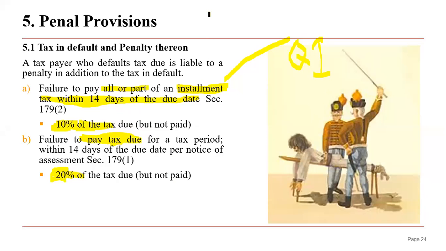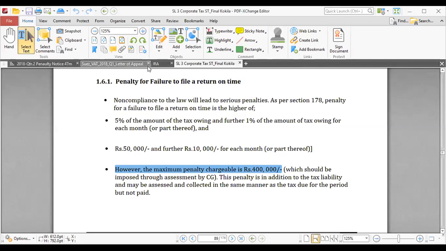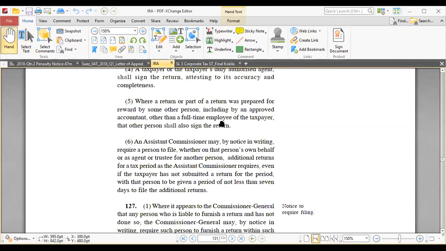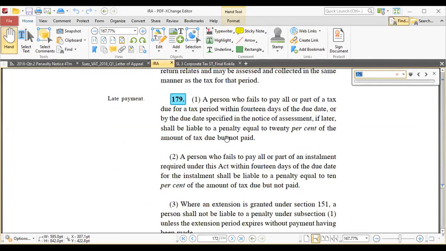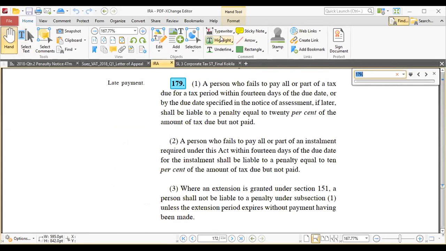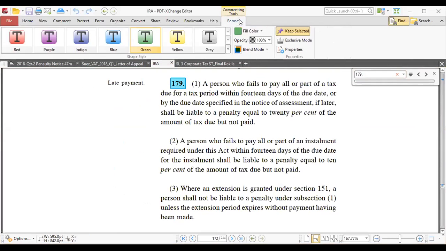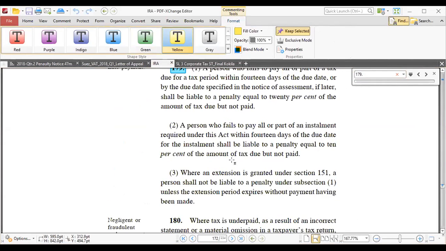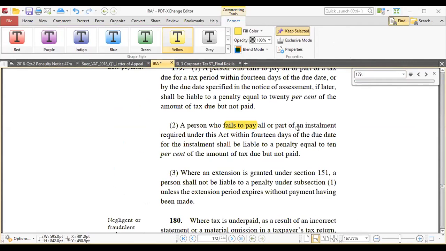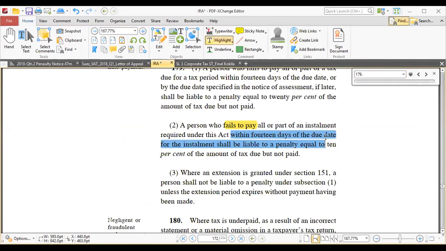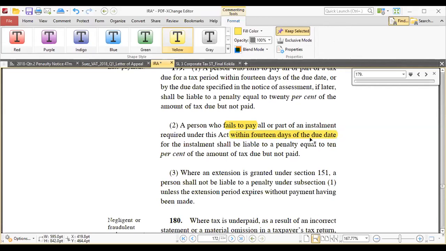Act itself. So, 179. Here 179, if you can refer, any person fails to pay full or part of the installment within 14 days from the due date, then the 10% penalty.